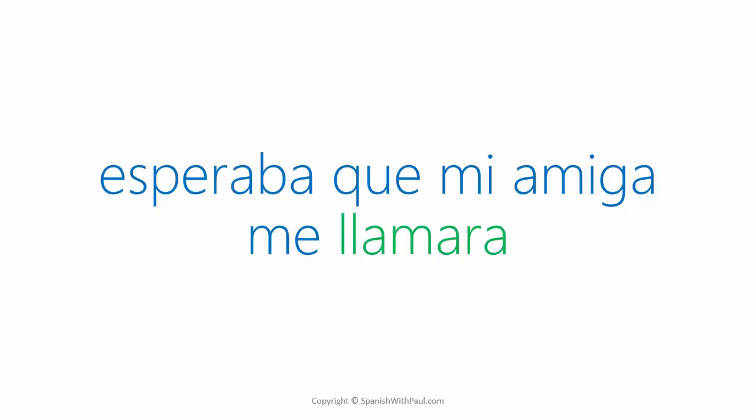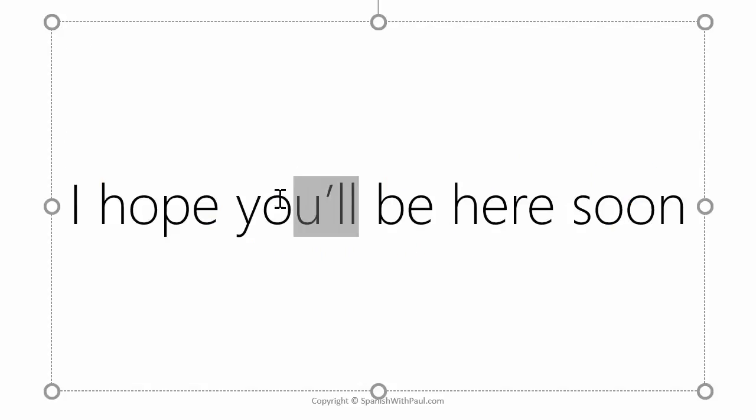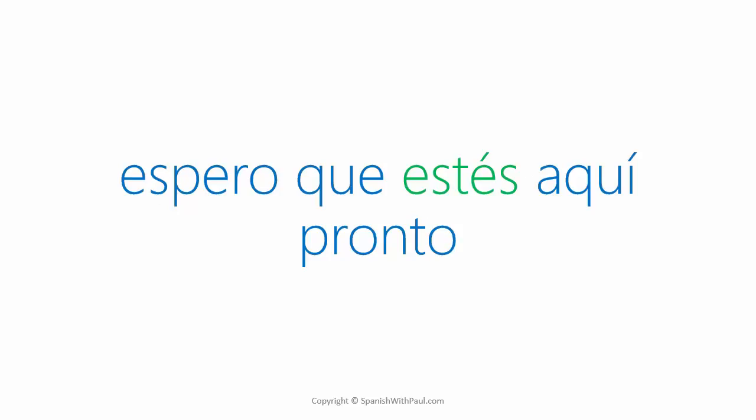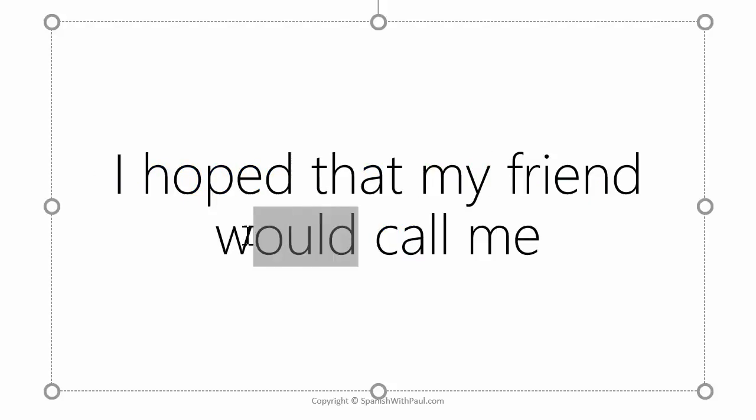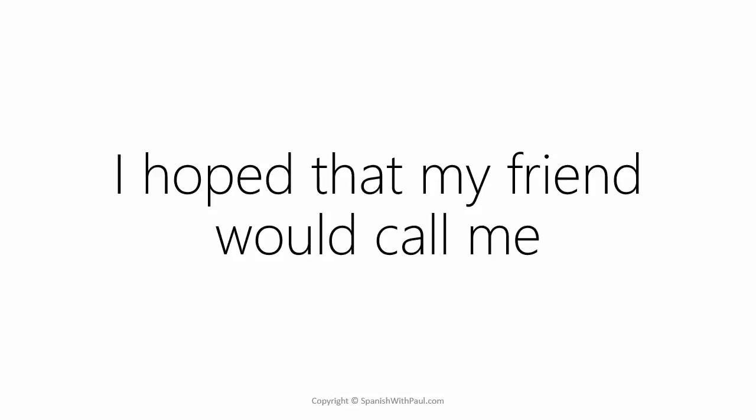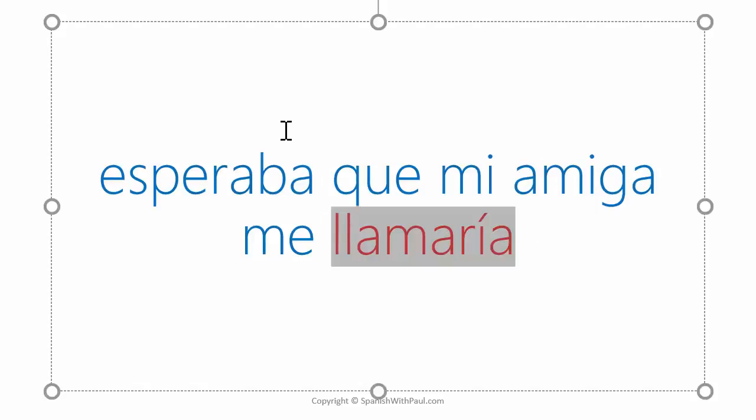So in the present tense, we'll have situations where in English we'll use the future, but Spanish will use the subjunctive. Equally then, in the past, we have situations in English where we will use would, the conditional tense, but Spanish will continue to use the subjunctive after this trigger. So what we're going to do now is practice this particular situation.